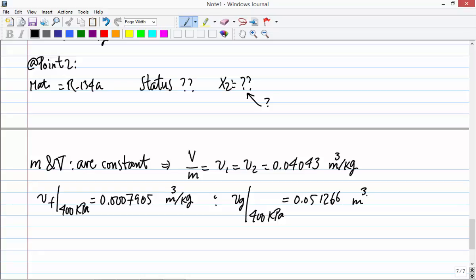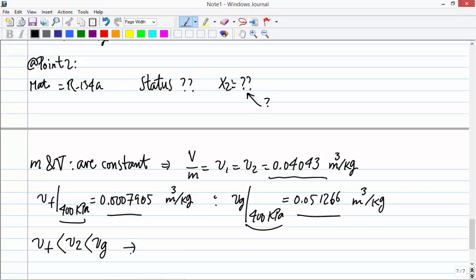Okay, now I need to check: is this number between these two? Yes, it is. So v2 is in between Vf and Vg at this pressure, which means it's still a mixture, right? You're in between saturated vapor and saturated liquid. So it's a liquid-vapor mixture.